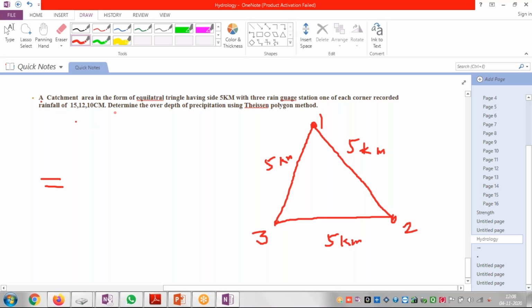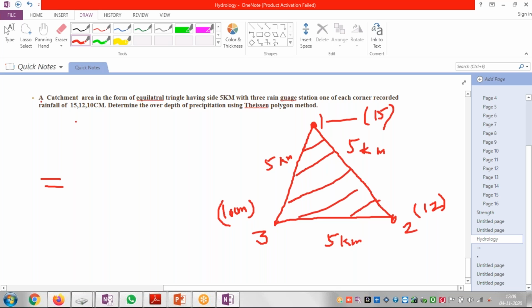At the corners, the rainfall recorded is 15 centimeter here, 12 centimeter rainfall is recorded at station 2, and 10 centimeter rainfall is recorded at station 3, right? Now these are the rainfall recorded. Find out the average precipitation in this whole area.